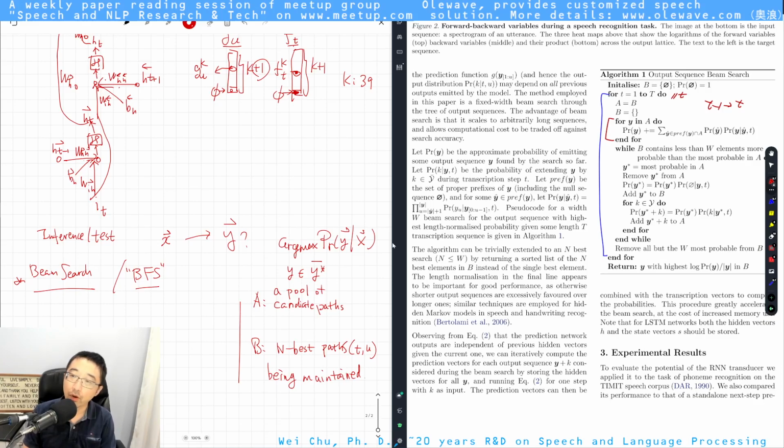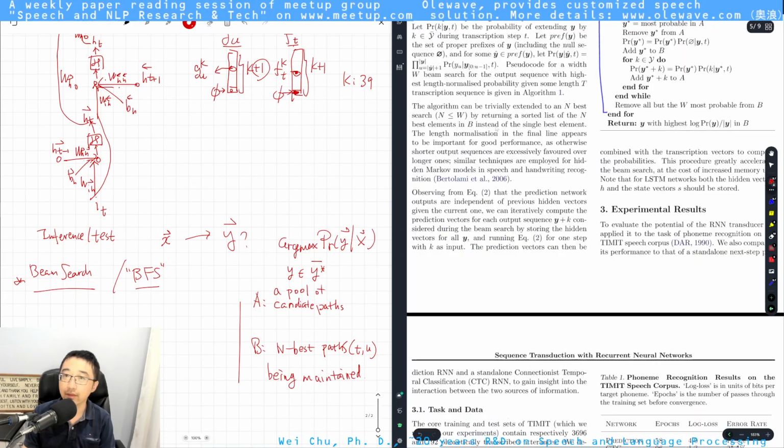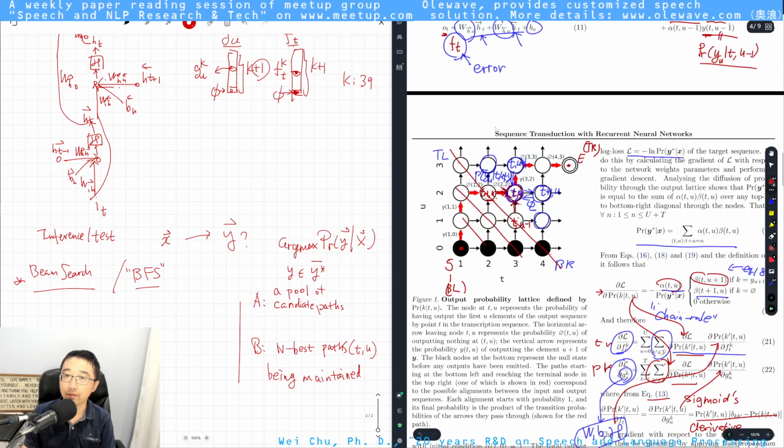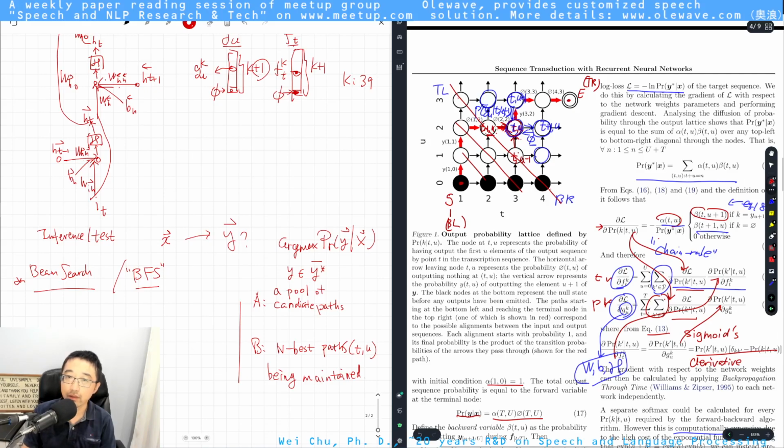Okay. After you pause this, let me tell you, because remember in this Trellis structure we talked about, the probability of y at T and U is not equivalent to the probability of y at T plus 1 and U, right?